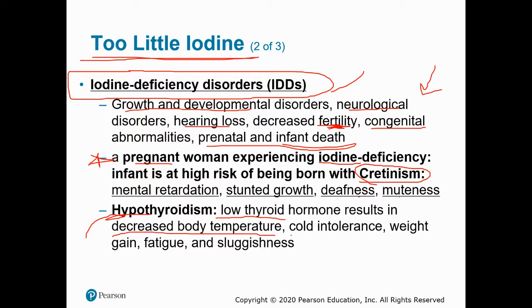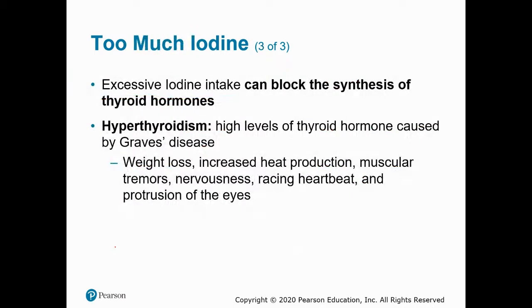So lower body temperature, more intolerance to cold, and potentially weight gain, and that's in part because of fatigue and sluggishness. That's the one that's sort of not hypo, but hopefully that makes sense. If metabolic functioning overall is slowing down with hypothyroidism, that could pretty straightforwardly lead to gaining weight.